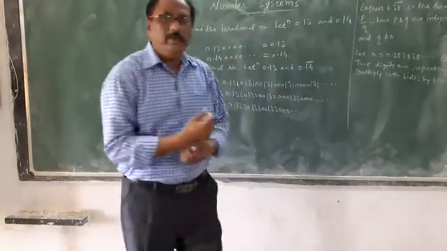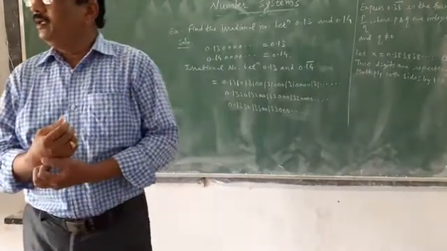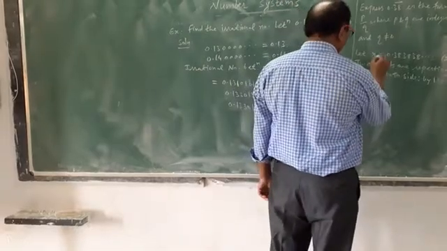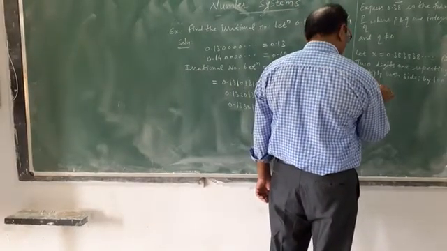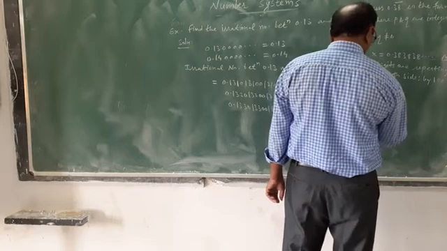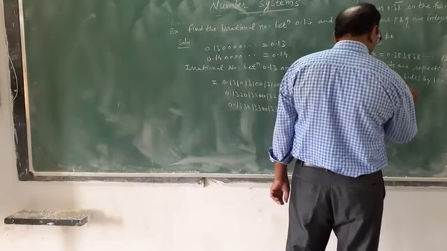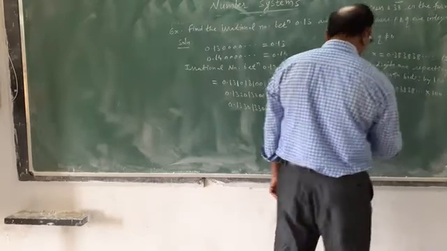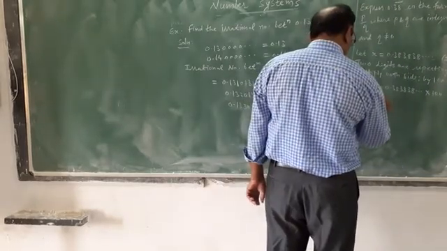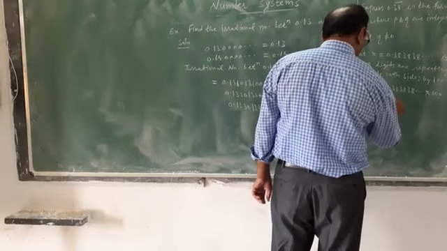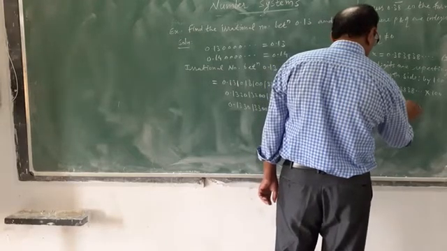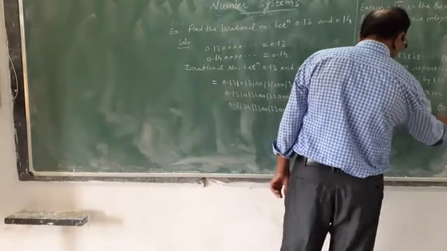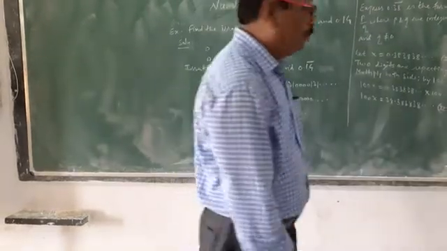If one digit is repeating, then we multiply by 10. If two digits are repeating, then we multiply by 100. Then we get 100x is equal to 38.3838, that is 100x is equal to 38.38. We take this as equation number 2.